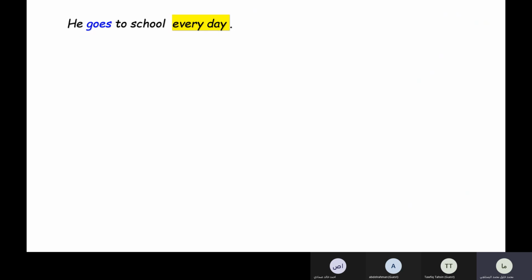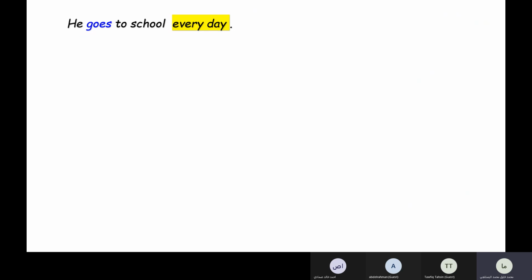What else? Used with habitual actions, routines, and facts. We use the present simple with habitual actions, things that happen regularly. Yes, routines. And also we use the present simple with facts.